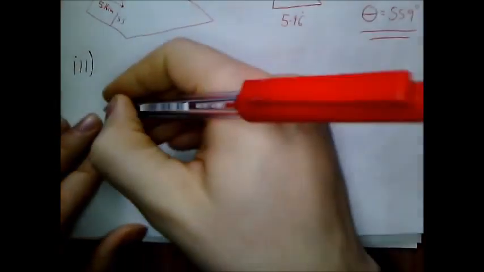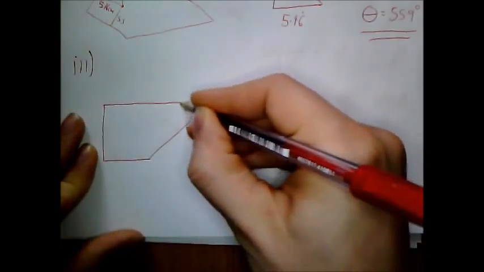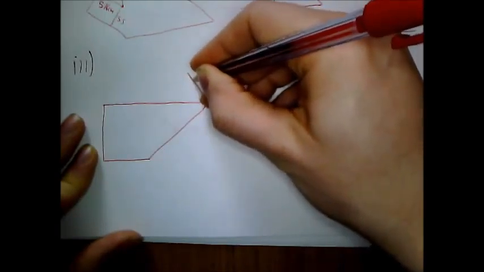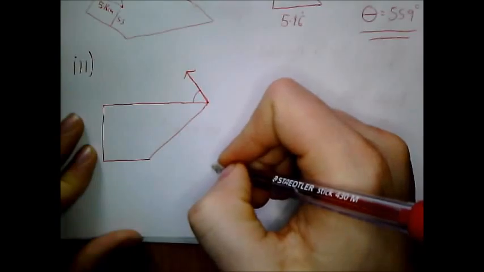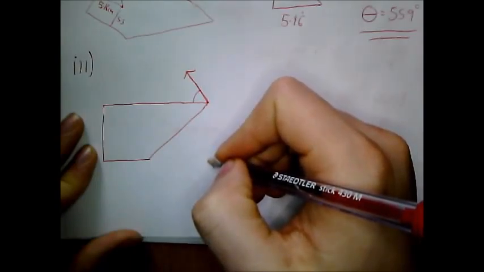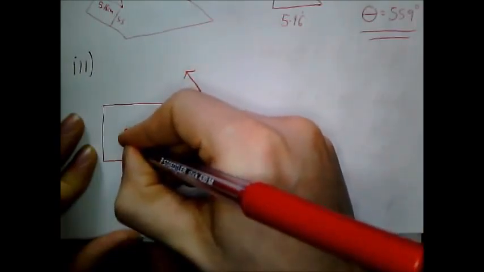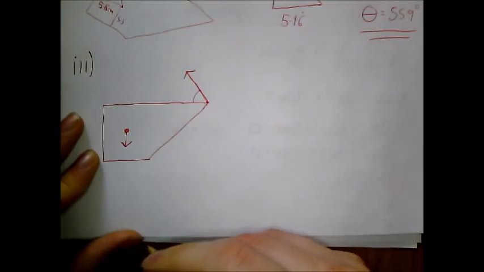So, another quick diagram here. We have a tension here at an angle, and then we have the weight, which we were told subtly at the very start of the question as 30 newtons.